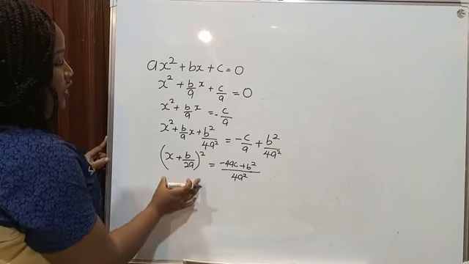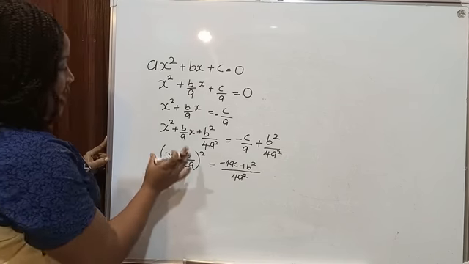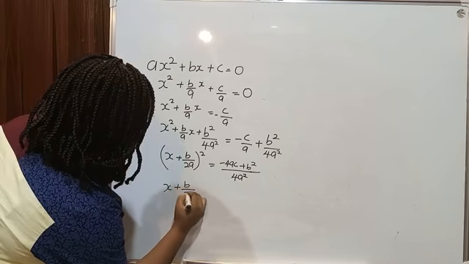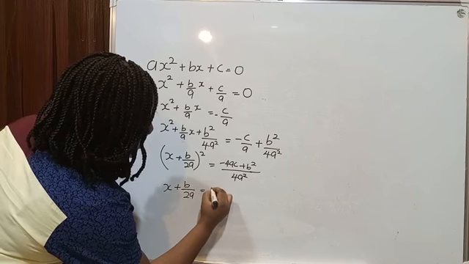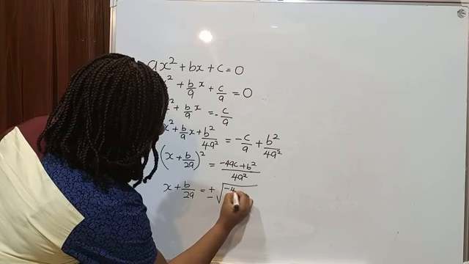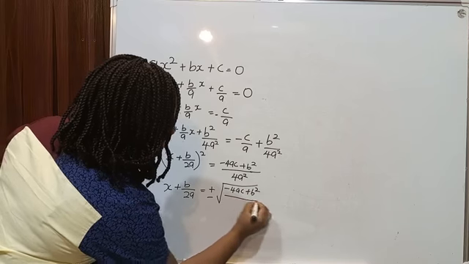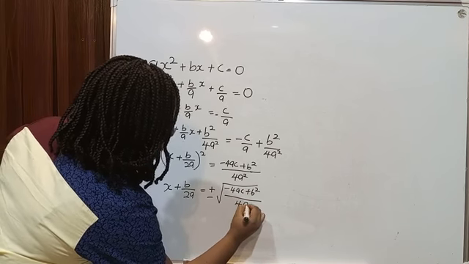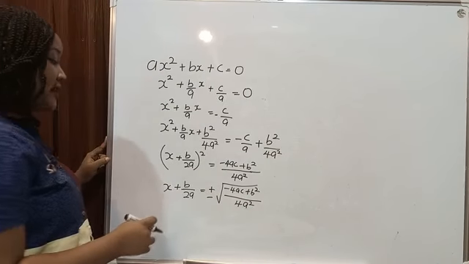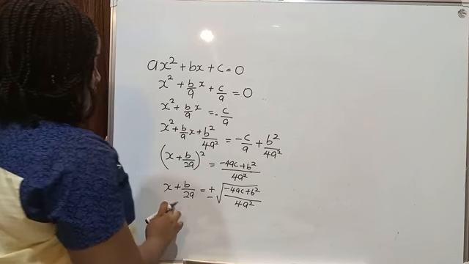So now you are trying to find the square root of both sides to isolate x. So you have x plus b over 2a equals plus or minus square root of minus 4ac plus b squared all over 4a squared. And of course, you know that the square root of 4a squared is 2a. And we're going to try moving this over to the other side as well.